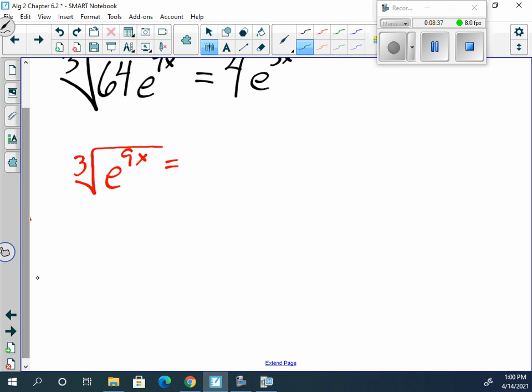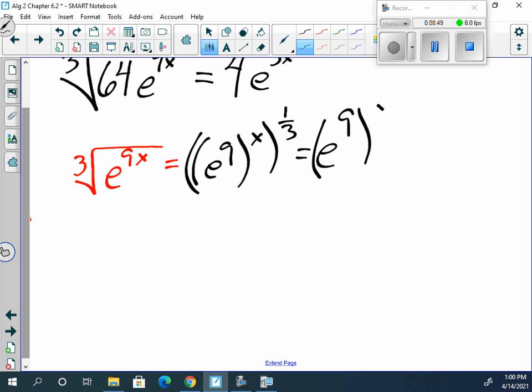Because even if we break this up into essentially e to the 9th to the x to the 1/3, there's e to the 9th to the x over 3, but when we multiply it by the 9, we'll still end up getting back to 3x.